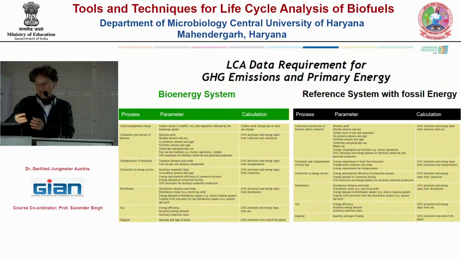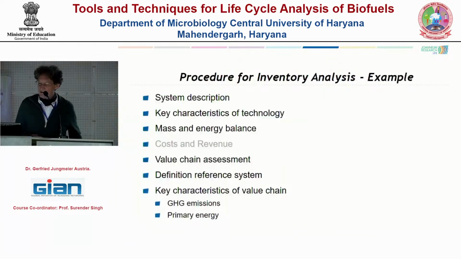So this also is a criterion for setting the goal and scope, and very often you really have to limit the goal and scope to very selected impact categories. Because otherwise you're really lost in the need of many different data.